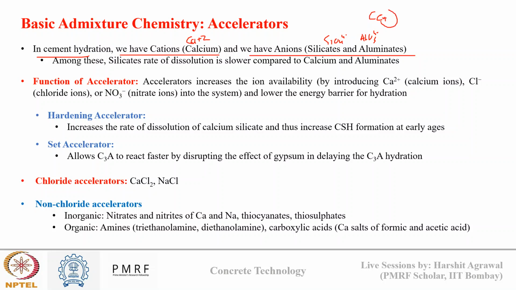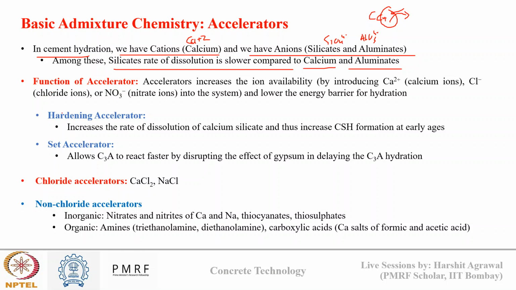Once hydration happens on the surface, there is osmotic pressure buildup, and when that osmotic pressure breaks, there is dissolution of ions as water ingresses in. Among these ions, the rate of dissolution of silicate ions is the slowest compared to calcium and aluminates.